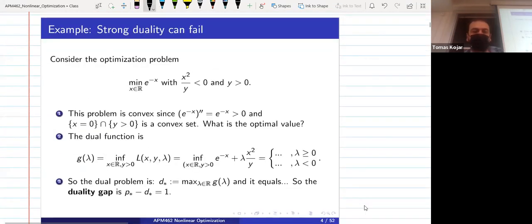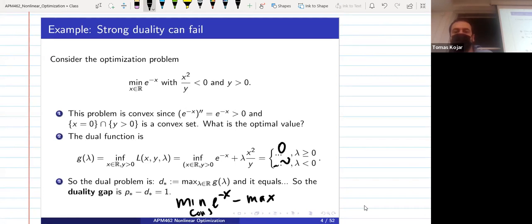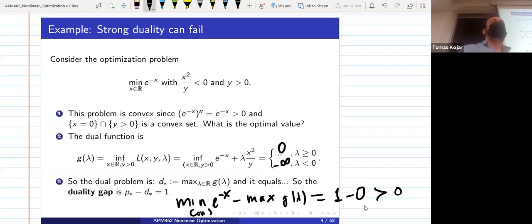So you get the duality gap. That 1, so the infimum, so minimum of e to the minus x in the constraints, minus maximum of g(lambda) is equal to 1 minus 0. So you don't have strong duality. Okay? So strong duality is not always true.